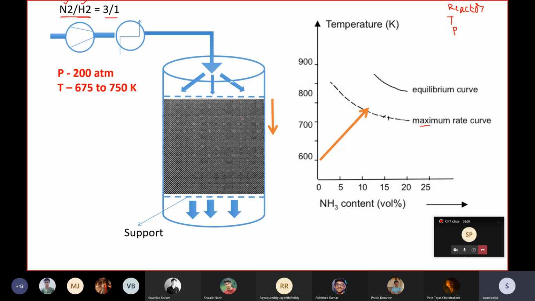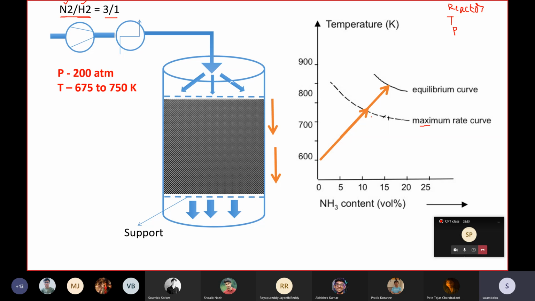As the temperature increases, it touches the maximum rate curve. If the temperature goes further, what will happen? It will touch the equilibrium curve.